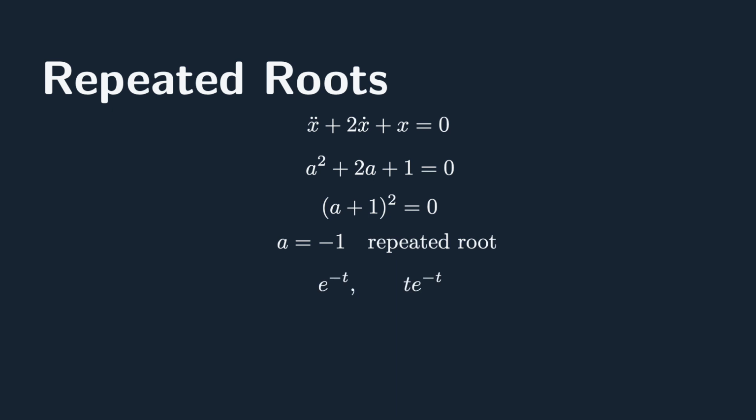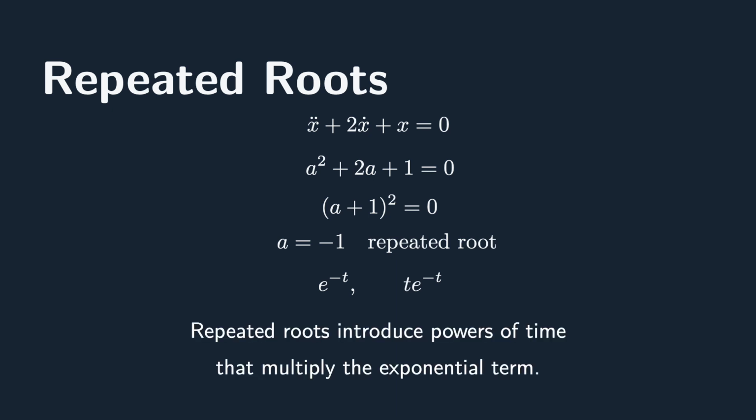But because the root is repeated, we also get a second solution term, t times e to the minus t. More generally, repeated roots introduce powers of time. A double root gives an extra factor of t. A triple root also gives a term involving t squared, and so on.